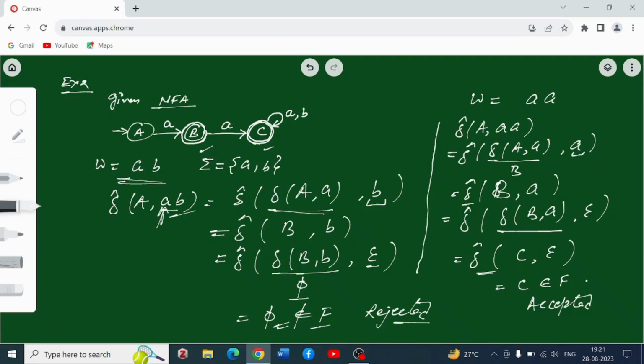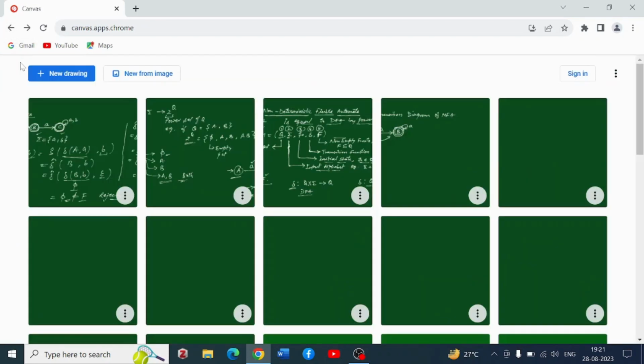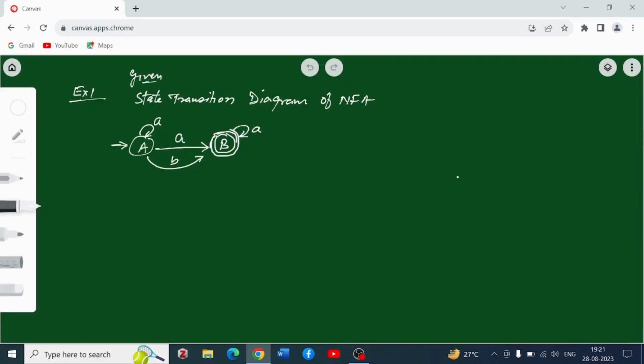Let's take one more example. Let's say this is example number 2, in which we are given this NFA, and we have to check whether the input string AB is accepted or rejected.